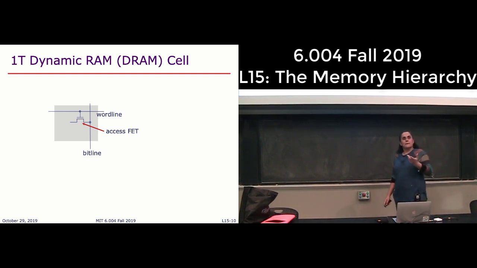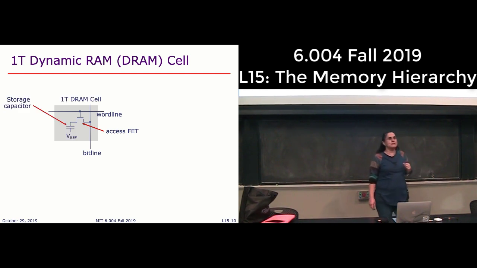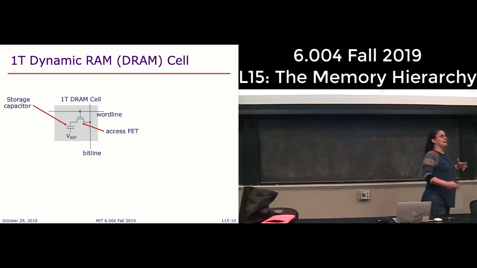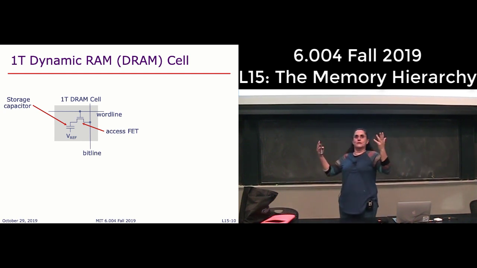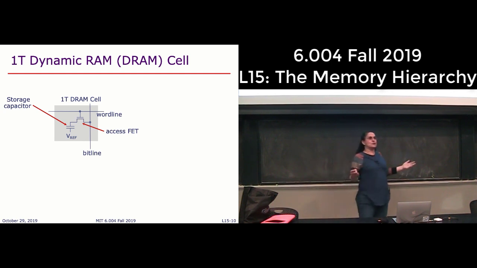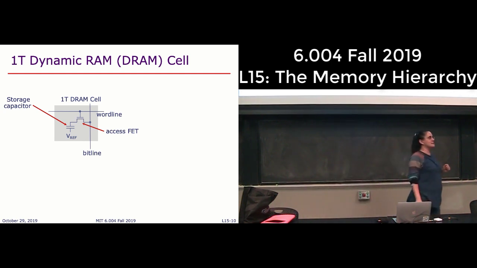So in a DRAM, the way that we solve that is using a capacitor. You're able to charge it, which is equivalent to having a 1 stored in it. Or if it's discharged, then it's equivalent to having a 0 in it.